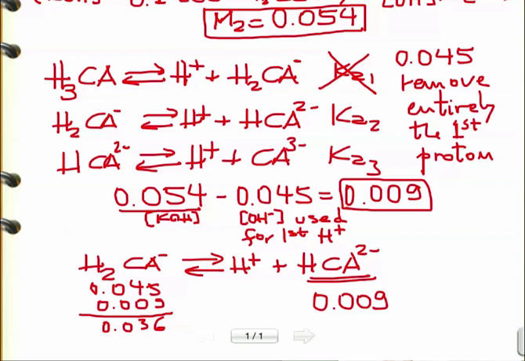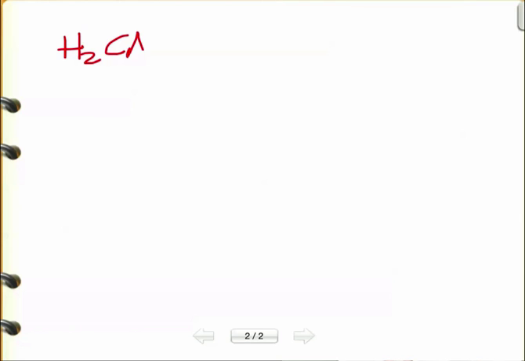Let's go to the next page and rewrite this and make sure that you understand that very well. That's important because H2Ca minus was initially generated and is now in equilibrium with this as an acid and a conjugate base. So this is a buffer solution. Let's rewrite this here.